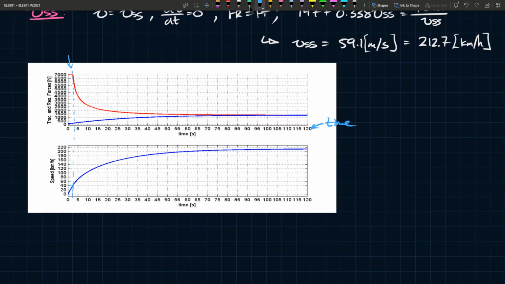So the resistive force becomes equal and the power would remain constant. And you also see that this speed is that 212.7 kilometers an hour that we have over here.